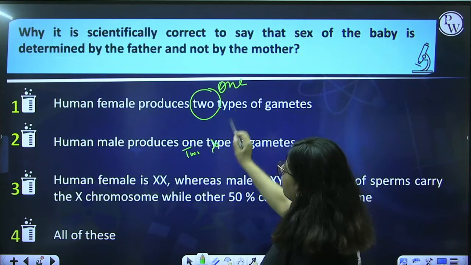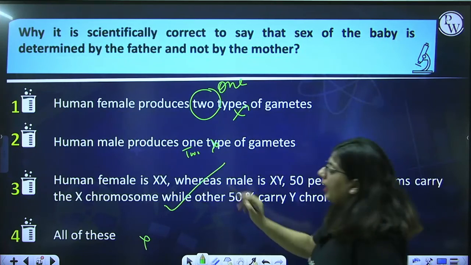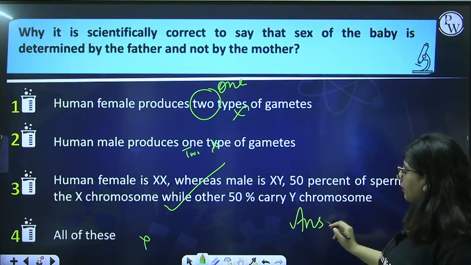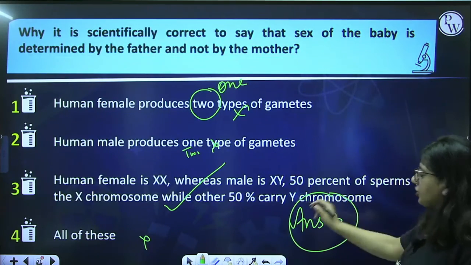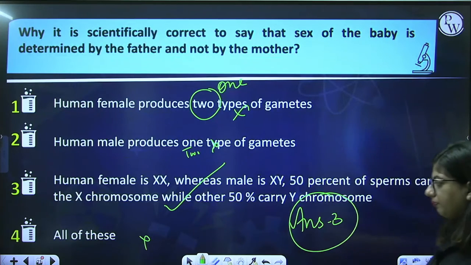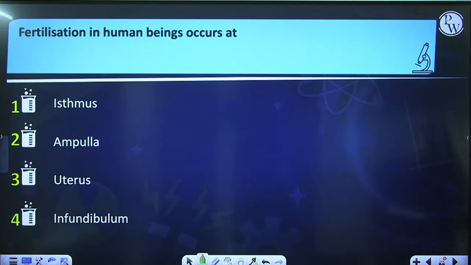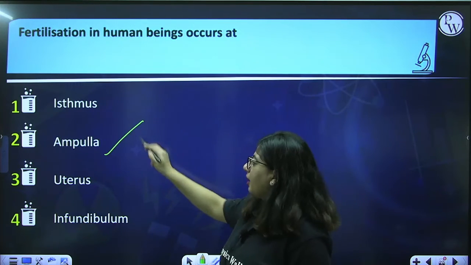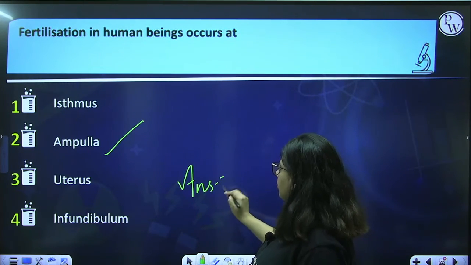So, these are wrong, and this is true. Female produces only X, male produces both X and Y chromosomes, which are responsible for either a boy or a girl. Next, fertilization in human occurs at, very simple, ampulla. Answer 2.